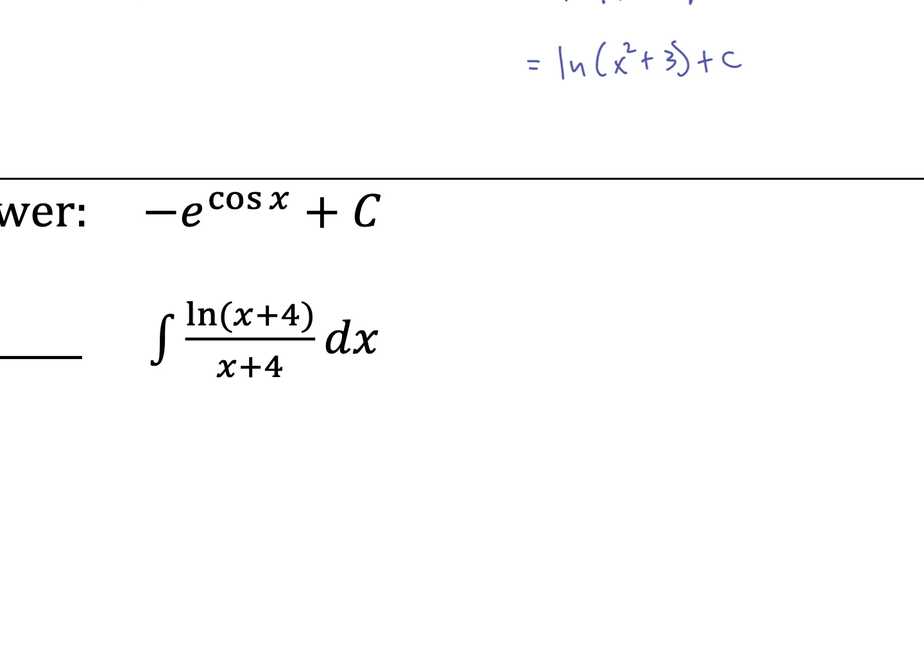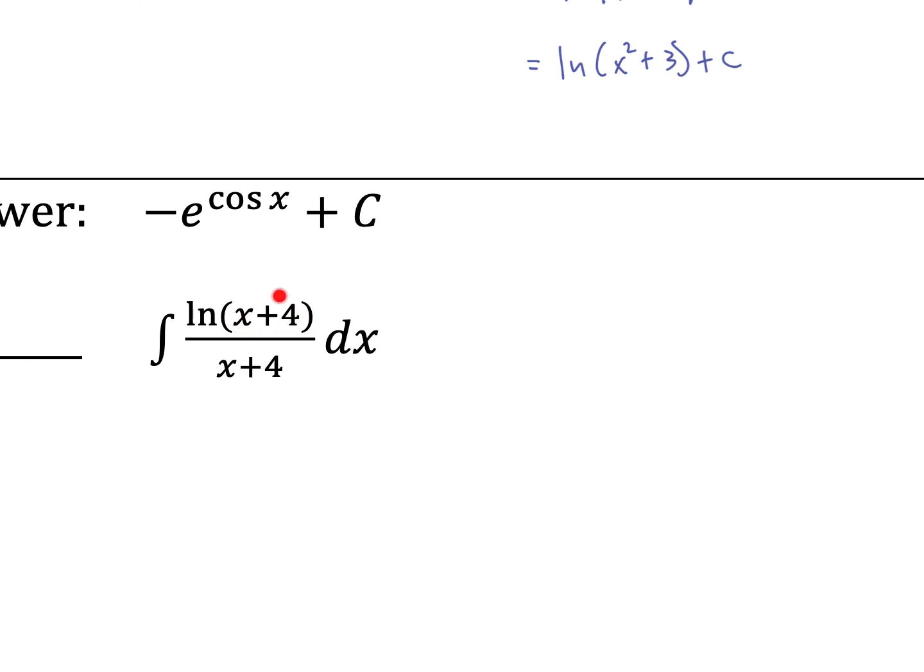So another tricky one, I think. I think this is a super tricky one. Okay, so notice it wouldn't be helpful to make u the inside of this ln. Most of the time you're probably going to do that, but then take another step.